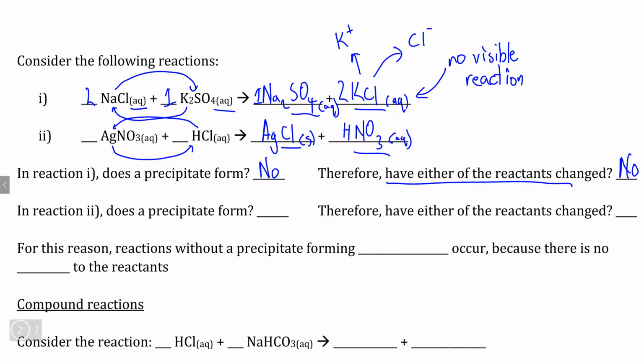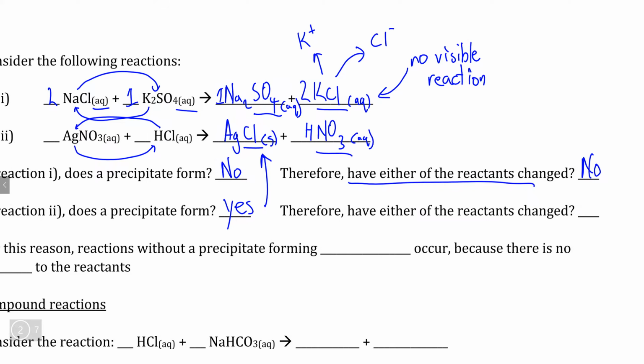However, in reaction 2, that's not true because we get the silver chloride precipitate. Therefore, the ions that separated in the reactants actually do not stay separated in the products because the chlorine from HCl and the silver from AgNO3 come together in order to form a solid compound, which means that the reactants have definitely changed.